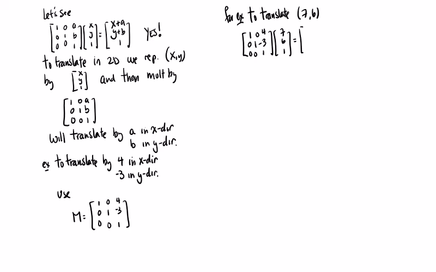When we do that, we get 11, 3, and 1. And so the result of this is the point 11, 3. That's badly written right there. So we've done the translation. That works. Now, before we move to 3D, let's define T of A, B to be this matrix. That way we just have it handy.